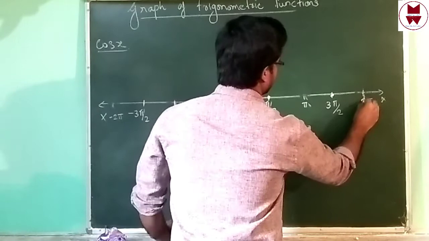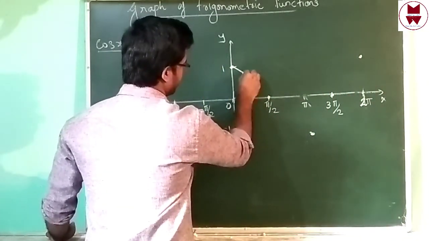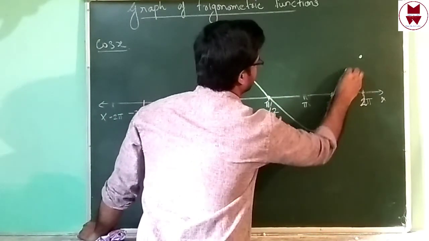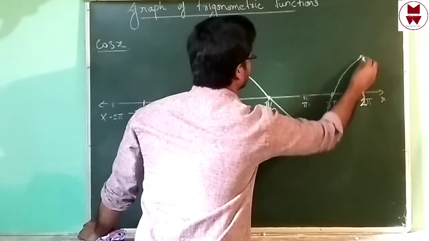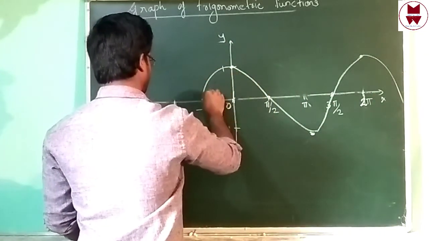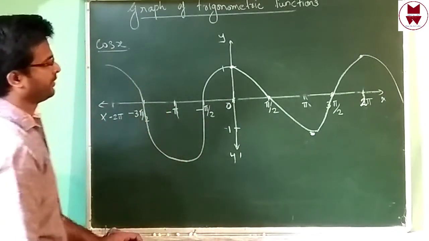Then cos 360 is 1. Draw that graph. So we'll go like that. Here also it will be 0, and it goes like this.